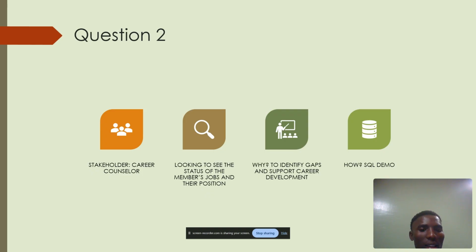Option two is looking at the status of the members' jobs and their position. The career counselor is the one responsible for that, to identify gaps and support career development. When you look at members' jobs and their position, you can identify gaps and support career development.